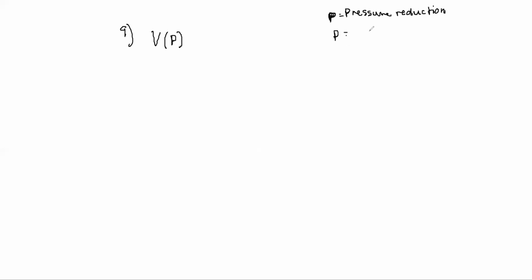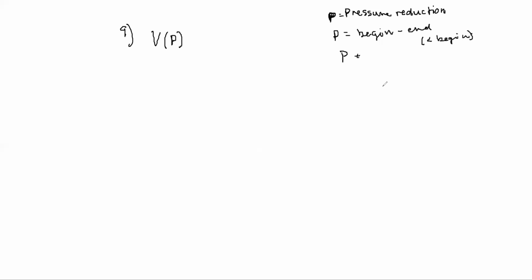So P is equal to beginning pressure minus end pressure, and end is less than beginning. So P is going to be positive, even as the pressure is decreasing. Okay, so we've established that.